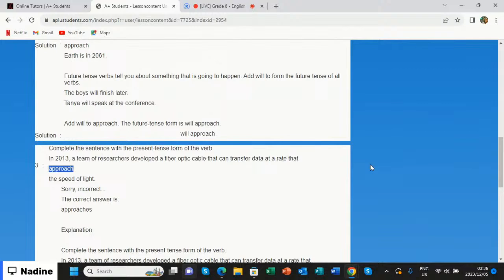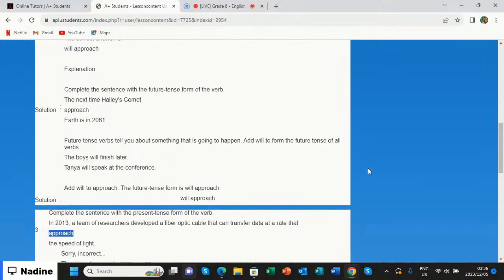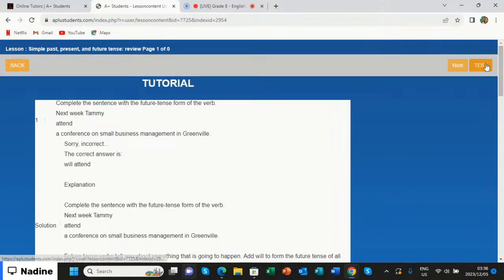Approaches is in the present tense. So approaches shows the present tense form.